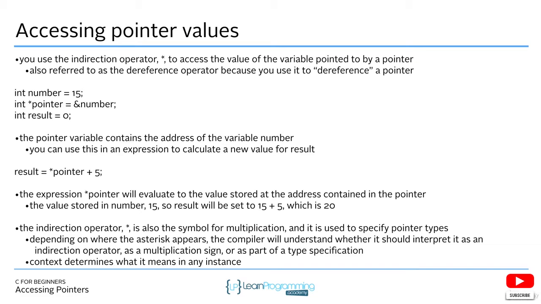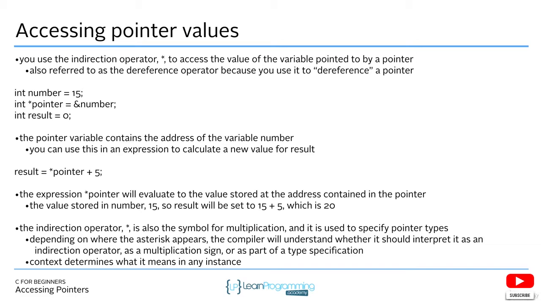If you use the asterisk when you declare a pointer, right after the type of the pointer, then it's obviously a declaration. If you use the asterisk in between two numbers, then it's being used for multiplication. And if it's used right before the pointer name, on the right-hand side, for example, or the left-hand side, it's going to be assigning a value or accessing a value.